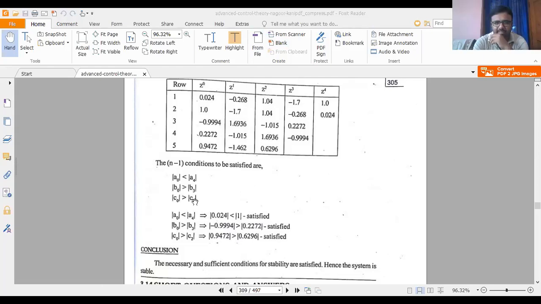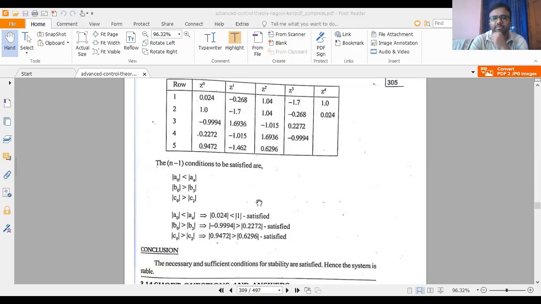Let us check the necessary conditions once more: the modulus of a0 should be less than the modulus of a4, the modulus of b0 should be greater than the modulus of b3, and the modulus of c0 should be greater than the modulus of c2. So all five conditions are satisfied by this characteristic equation, and we can conclude this particular system is a stable system.